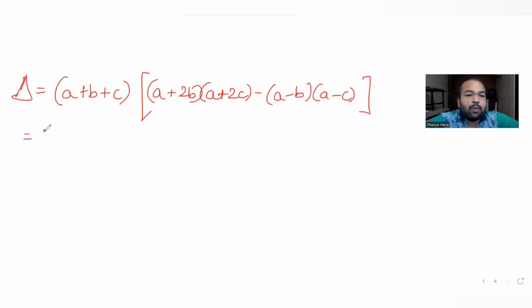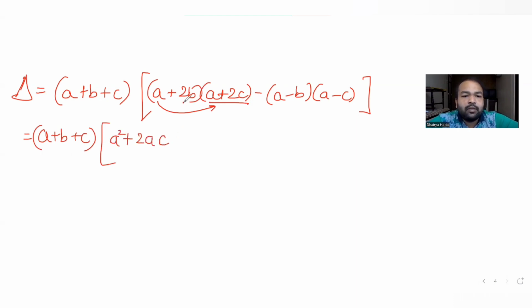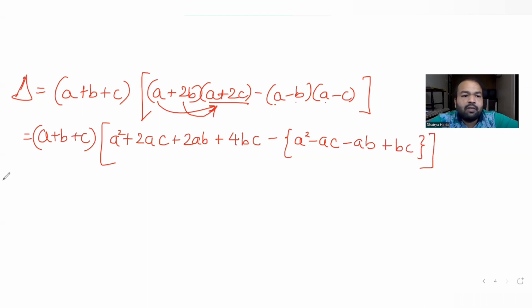That's all. So a plus b plus c. If I multiply this, a gets multiplied with the whole bracket. That makes it a square plus 2ac. Then this 2b gets multiplied with this whole bracket. That makes it 2ab plus 4bc minus. This gives you a into a minus c, that is a square minus ac, minus b into a minus c, that is minus ab plus bc. Further, a square and minus a square cancel directly.